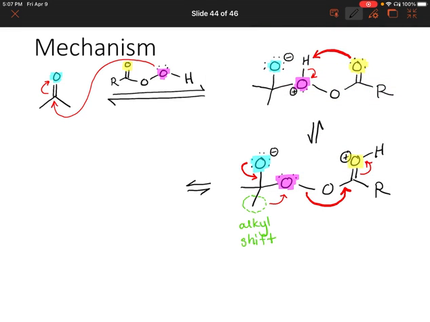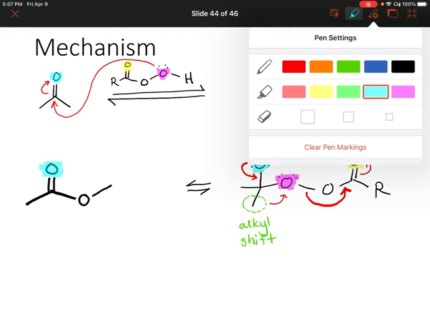But what we end up with at the end, we've got a double bond to our blue oxygen with a methyl group on one side, and then our purple oxygen, which will now be bonded to a methyl group on its other side. So let's just highlight those oxygens so we can keep track of what went where.